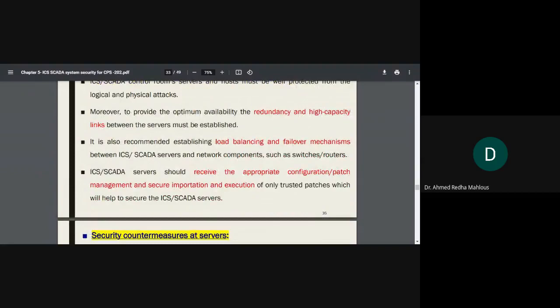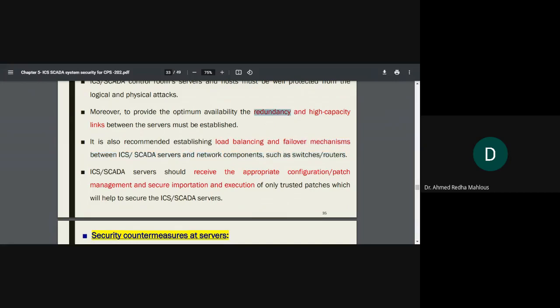We should have load balancing instead of having only one device or one server doing all the operations. At least we should distribute the load through different servers in order to alleviate it and not create an overhead on one specific server against the others. We should also have a failover mechanism between servers and network components like switches and routers. That means if any device, a switch, a router, or a server, fails, automatically the second replacement, because we have redundancy, will take place.